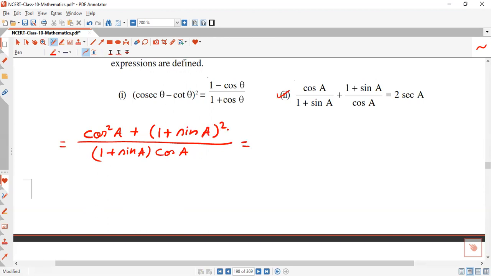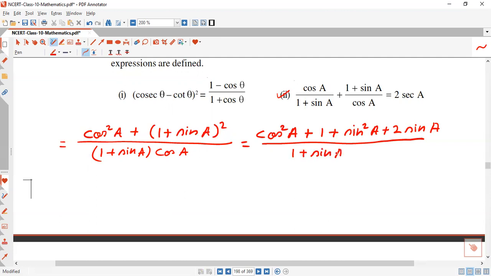This whole square is on the upper side, and we open it to make the function easy: cos square A plus 1 plus sine square A plus 2 sine A, whole divided by (I am not opening this one, we are keeping it as it is) 1 plus sine A multiplied by cos A. In the numerator, cos square A and sine square A together become 1.